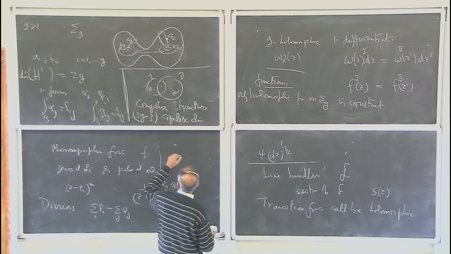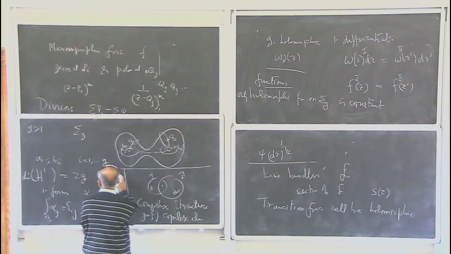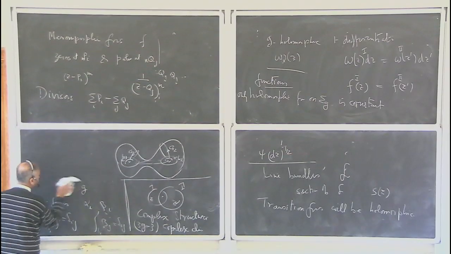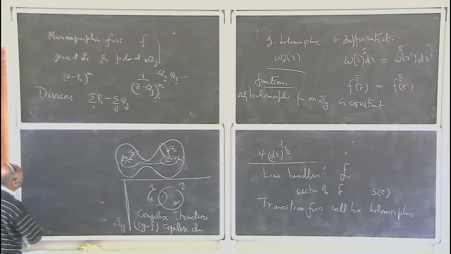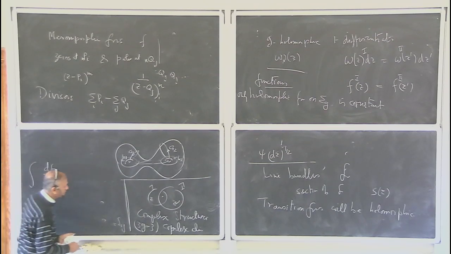Let's just do it here. You can take this f, the section f, and take df over f and integrate over the whole surface. I have to draw the picture a bit.